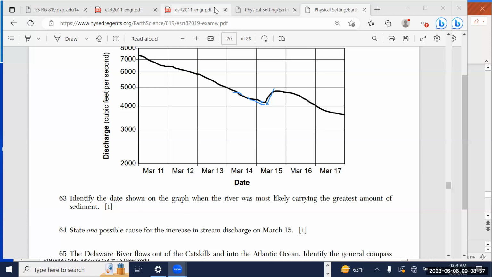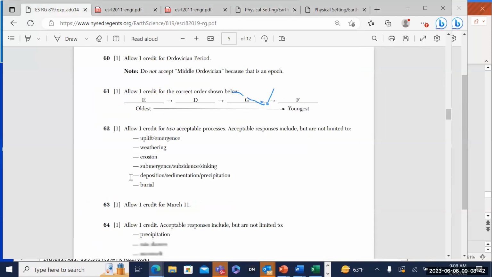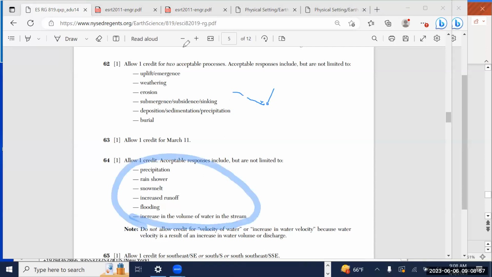All right. If you stated precipitation, that is perfectly fine, right? Allowing us to get more water. If you said there was a rain shower, which increases more water, or snow that melted in that area, right? Because if snow melts, you could have more water, increased runoff, right?